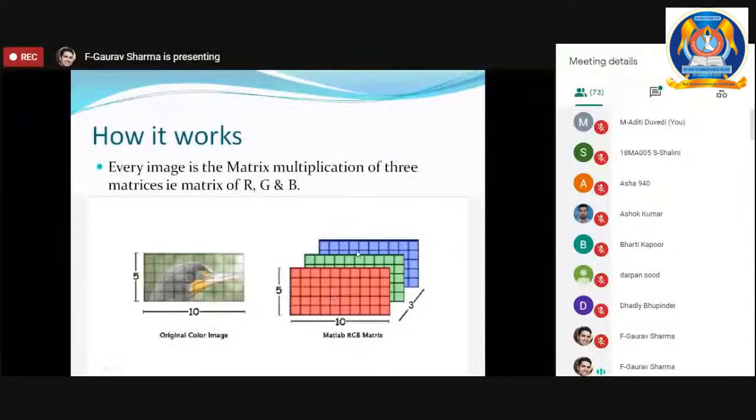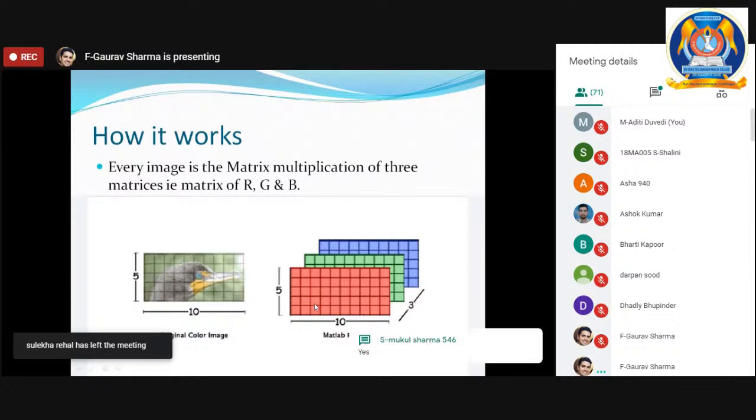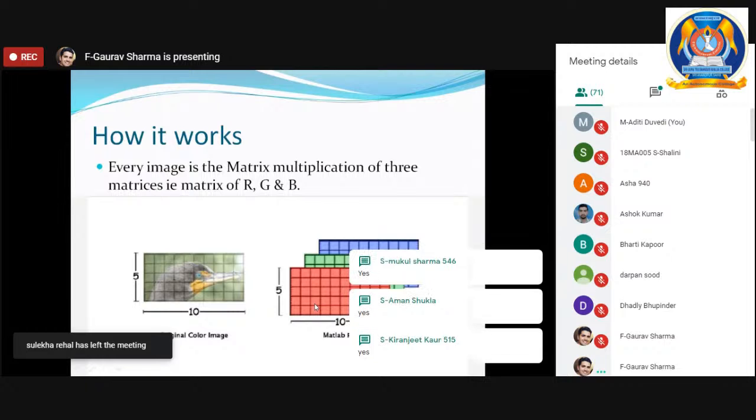Now, can you tell me what will be the order of the matrix? If anybody knows, please answer. What will be the order of this matrix? 3 into 3.